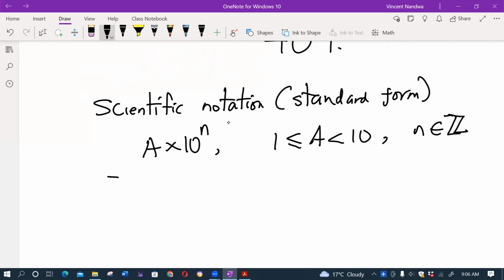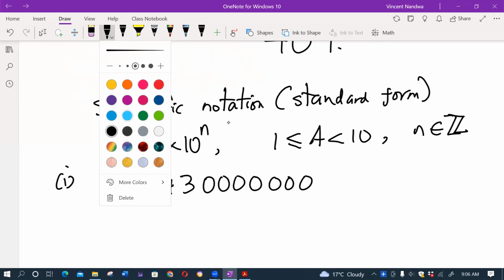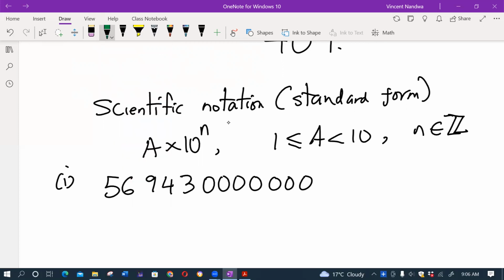So the first number is 56,943 followed by 7 zeros. So this is the first number. To write in scientific notation, remember when you don't have a decimal, the decimal point is usually after the last digit. So we'll move this decimal until we have a number between 1 and 10.